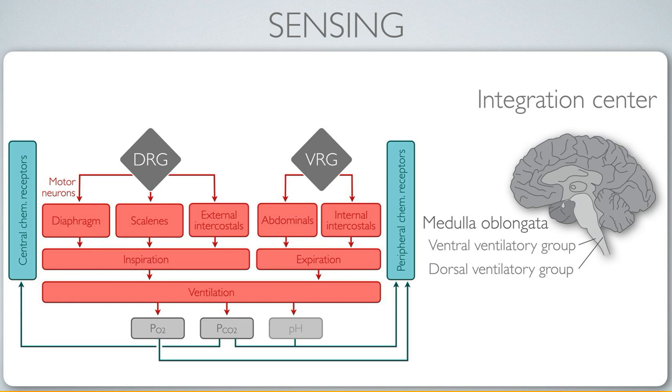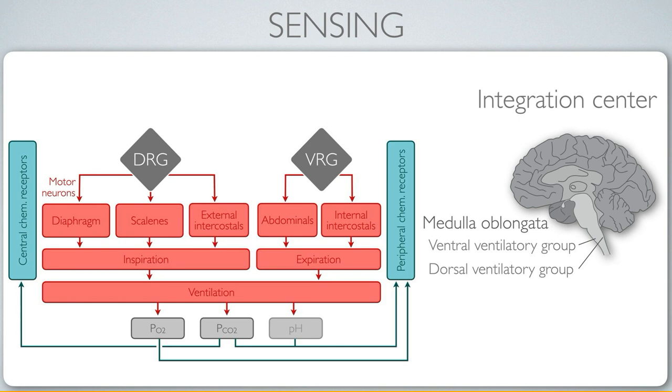So instead, the interneurons between the dorsal and ventral respiratory groups need to facilitate a coordination so that the abdominals and the internal intercostals that drive expiration are not activated at the same time as all those muscles that drive inspiration.